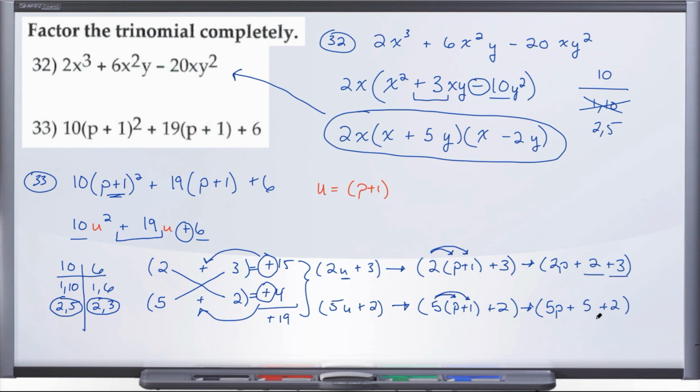But now we have a situation where we have some like terms that we can combine, right? And so for the last time, 2p, and what is 2 plus 3? Well, that gives us 5. And for our last factor, we have our 5p, and 5 plus 2 gives us 7. And so there we have the factored form of number 33.